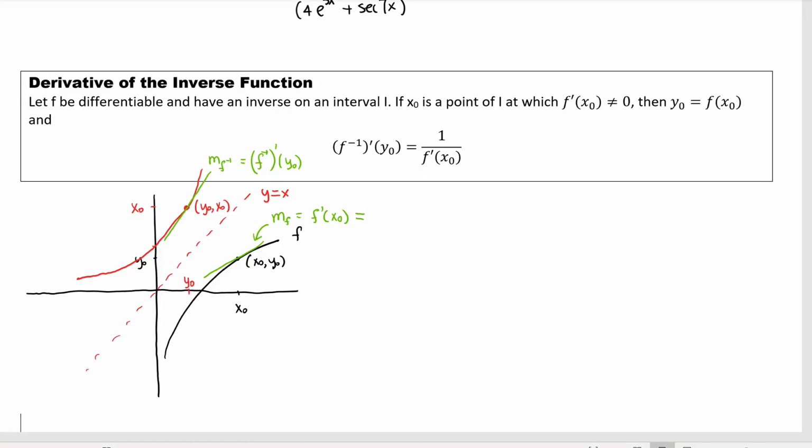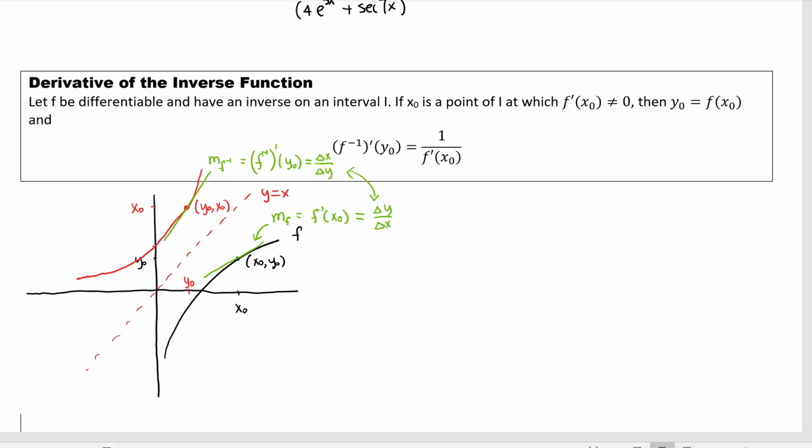We know slope is change of y over change of x. But for the inverse function, because we're switching the x and y, we actually get change of x over change of y. So what's the relationship between them? They are reciprocals of each other.